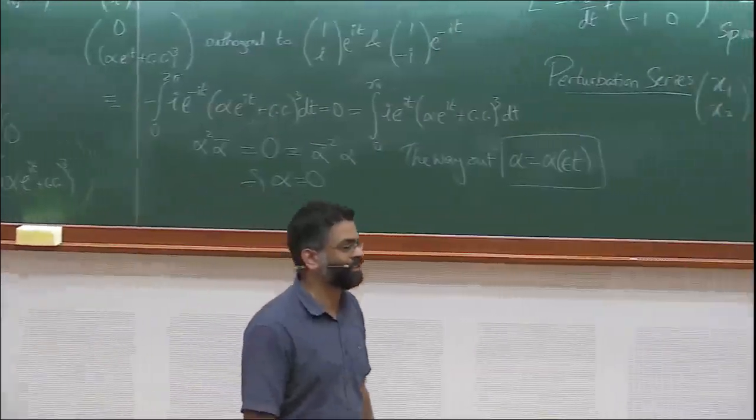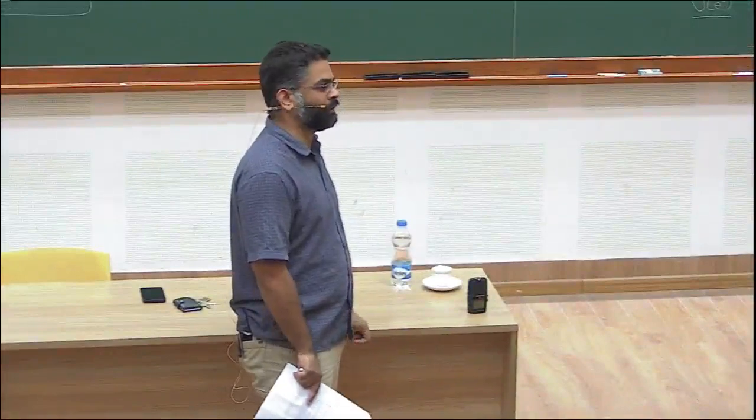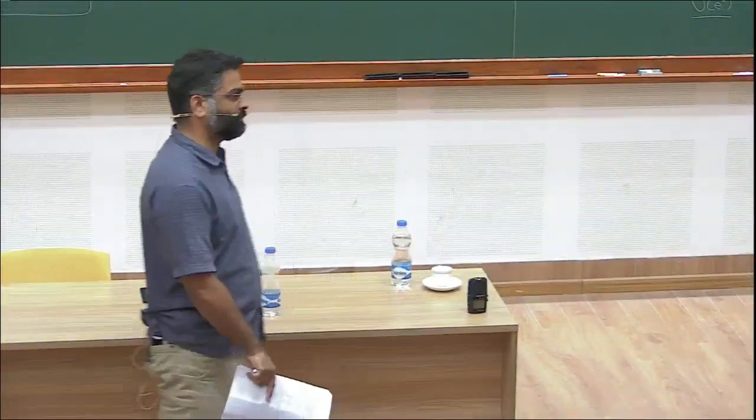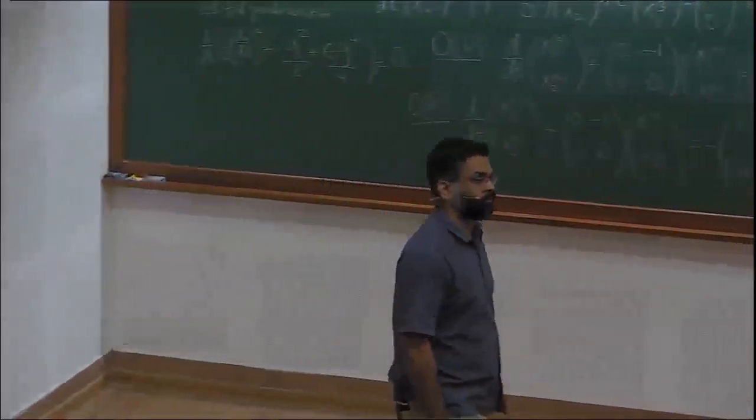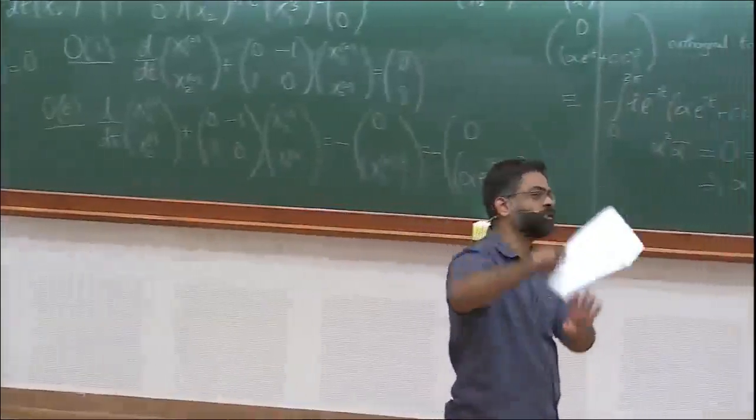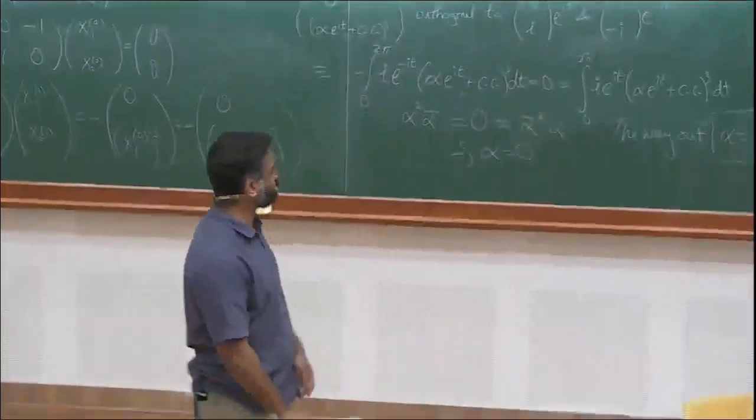Does break periodicity. And that's why the period changes. So it won't be 2 pi anymore. There'll be a correction to 2 pi. Coming back to his question, getting rid of my punchline, the period will change because alpha will have its own period. And then there'll be a total change to the period. We'll see that.